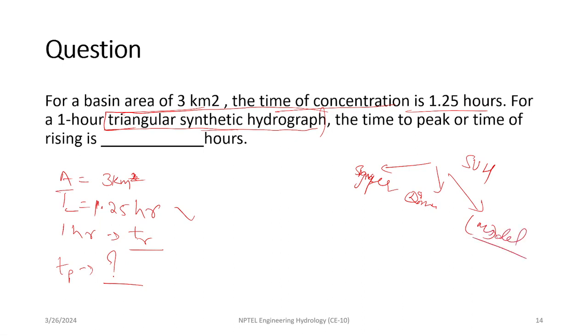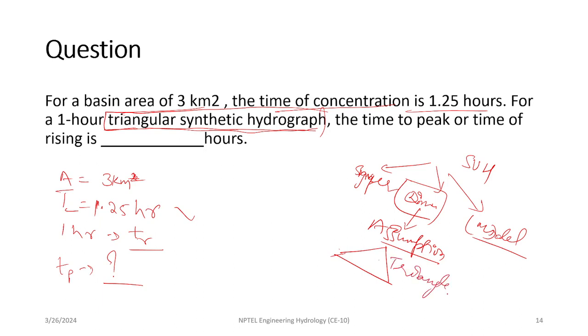So here this triangular synthetic hydrograph is basically a method in this picture, dimensionless method. So here the assumption is what? Direct assumption is there that unit hydrograph will be assumed as a triangular shape initially. Firstly, we have to assume the distribution of unit hydrograph as a triangle, direct triangle.